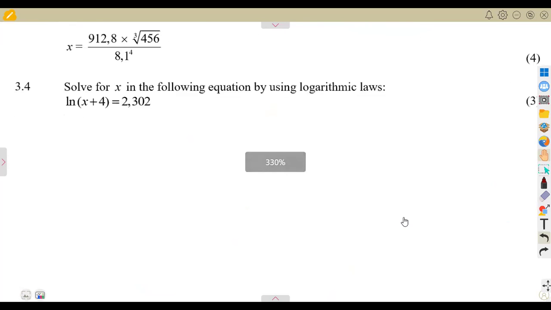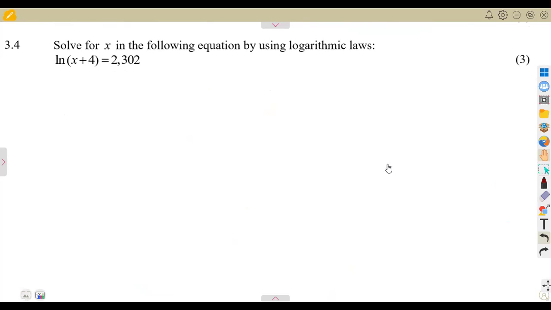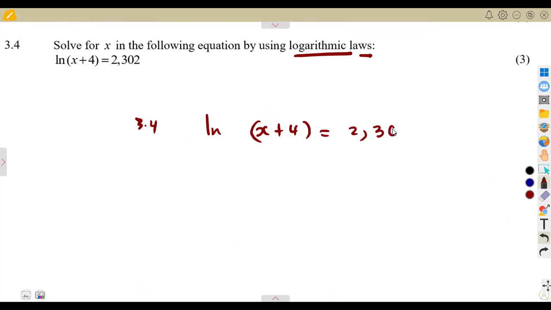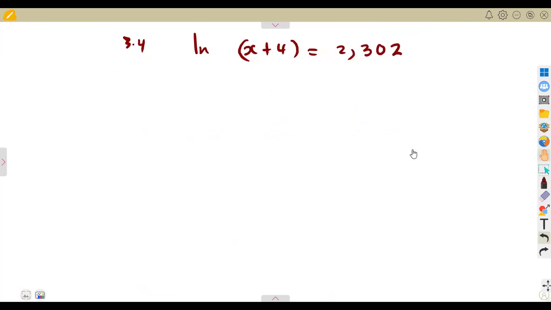All right. 3.4, solve for x in the following equation using logarithmic laws. This one is all about the laws. So we are given 3.4, the ln of x plus 4 is equal to 2,302. And you're asked to use the logarithmic laws. Which logarithmic laws are we talking about?